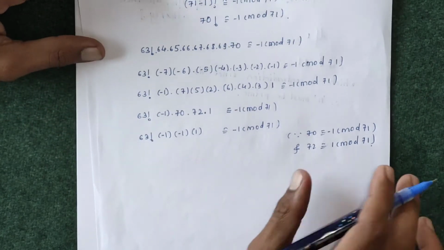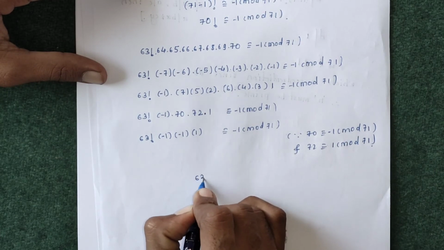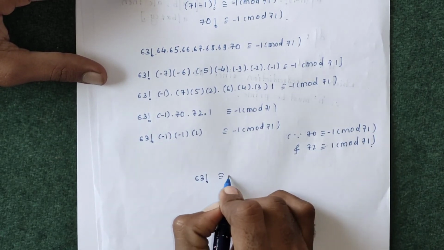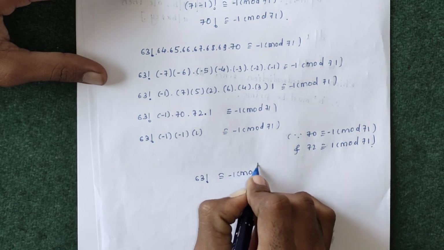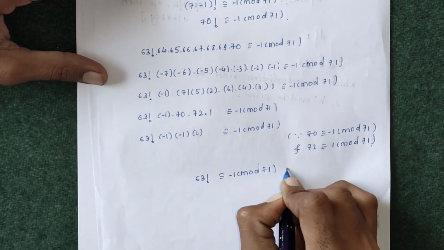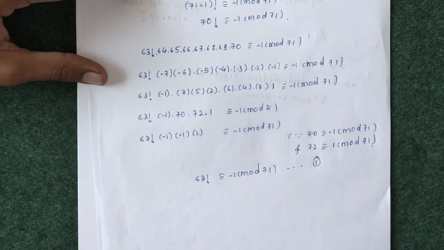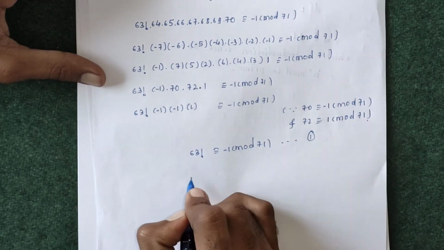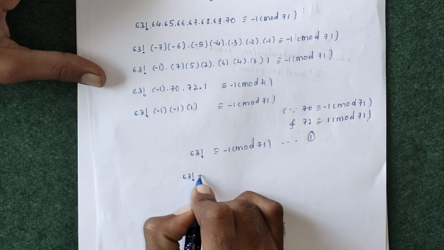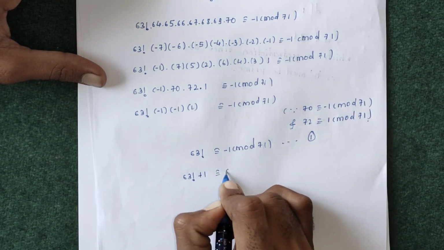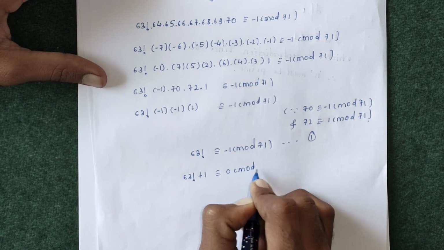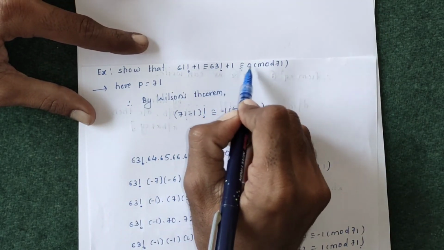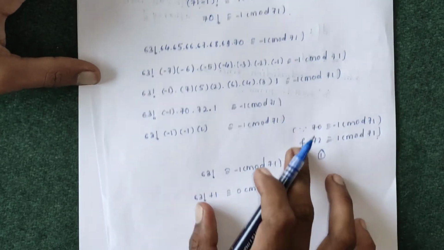In the next step we get 63 factorial into 1, that is 63 factorial is congruent to minus 1 modulo 71. This is equation number 1, and adding 1 on both sides, we can write 63 factorial plus 1 is congruent to 0 modulo 71. Hence the proof of this: 63 factorial plus 1 is congruent to 0 modulo 71.